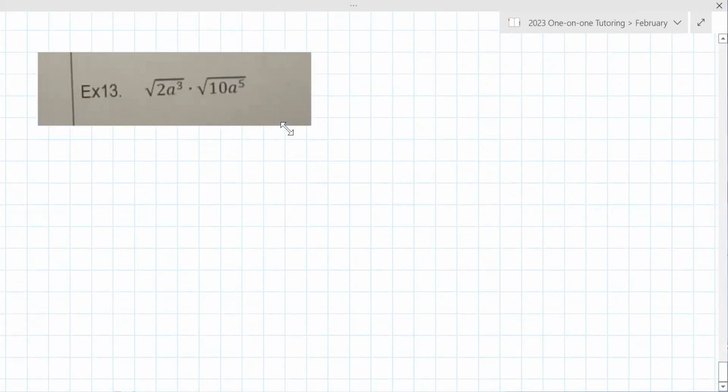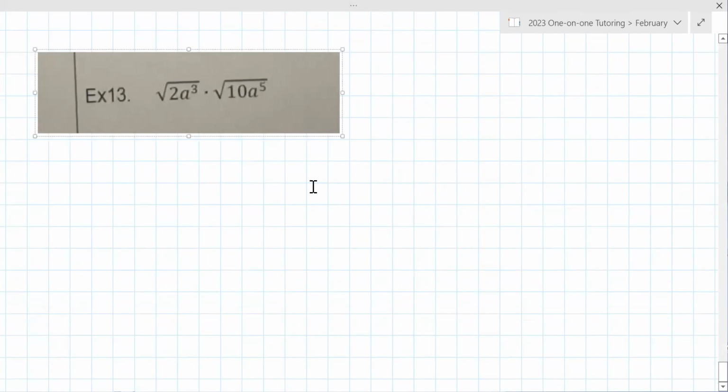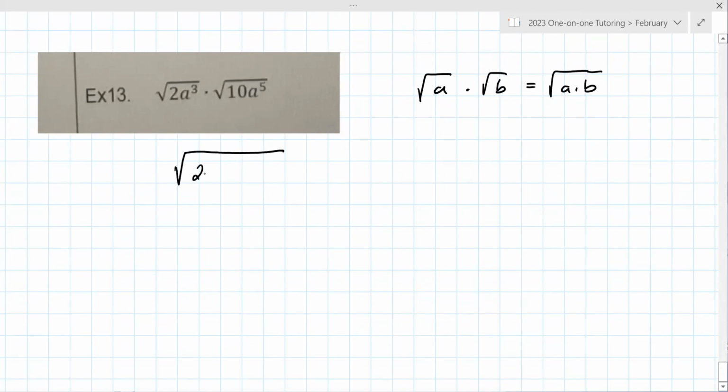Example 13. So 13 is disguised as one of the other problems we've already done. The thing to remember here is one of the rules we've already looked at, which is the square root of a times the square root of b is the square root of a times b. So you're going to combine this by multiplying 2 times 10 and a cubed times a to the 5th.